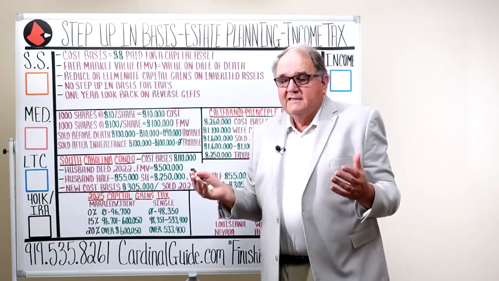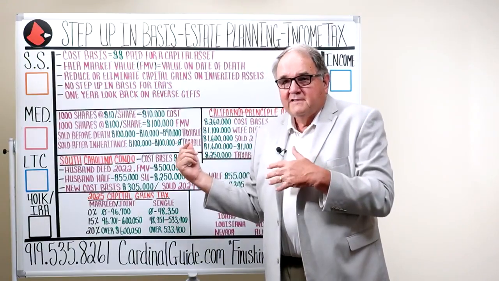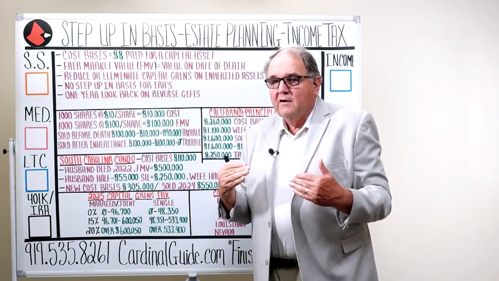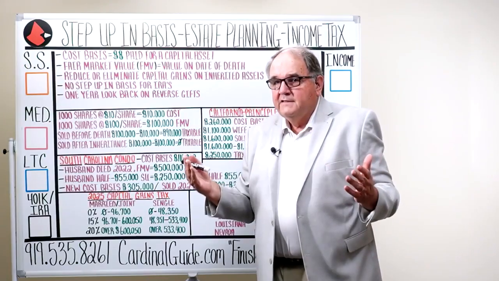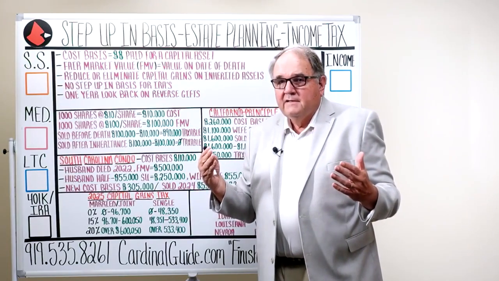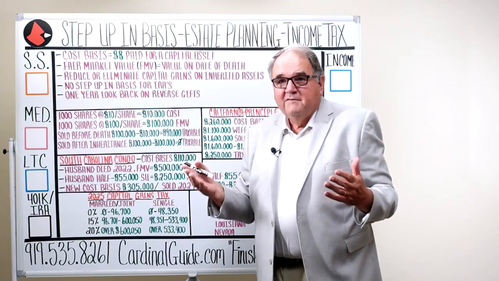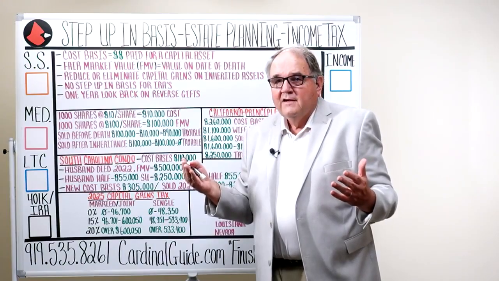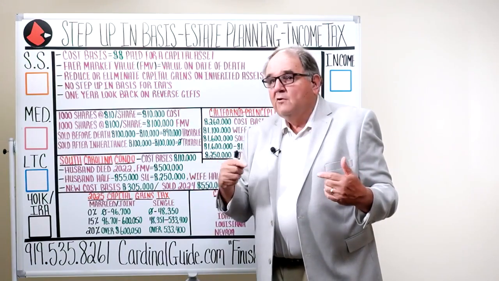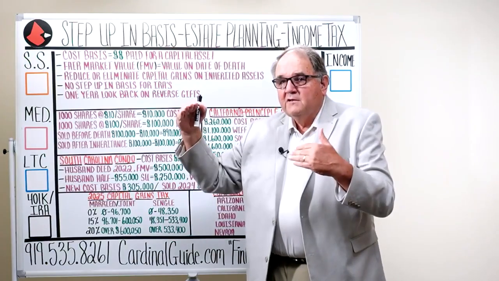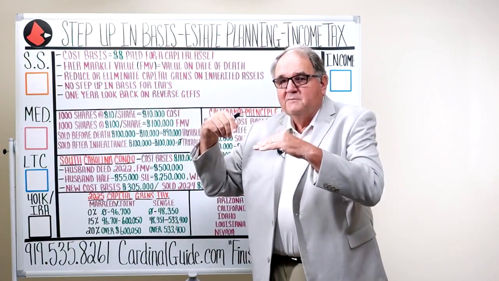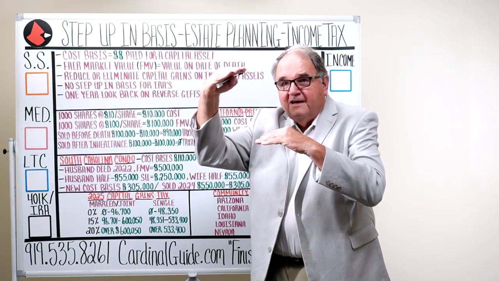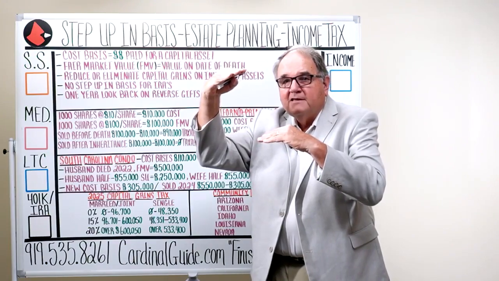So if we go back to this land, and we'll get into some real examples in just a second, this land that you paid $200,000 for, and then you held it until you died, and somebody then is going to buy it and put a subdivision in there, and they paid you $10,000 an acre, or $1 million. If you had sold it for $1 million when you were alive, you would have owed capital gains taxes on the difference between the cost basis, $200,000, and what you sold it for, $1 million. $800,000 would be subject to capital gains taxes.